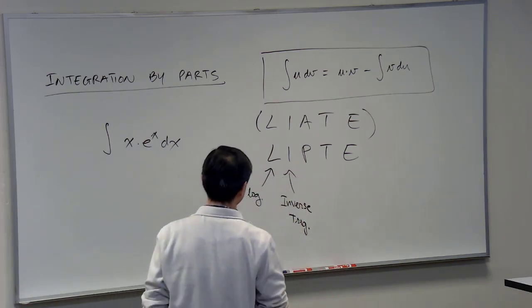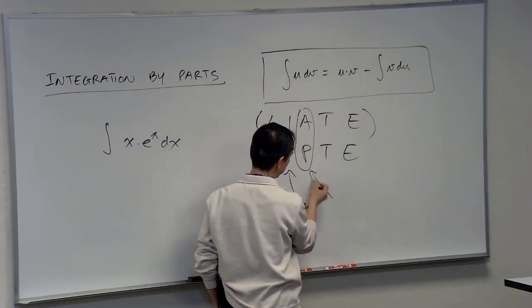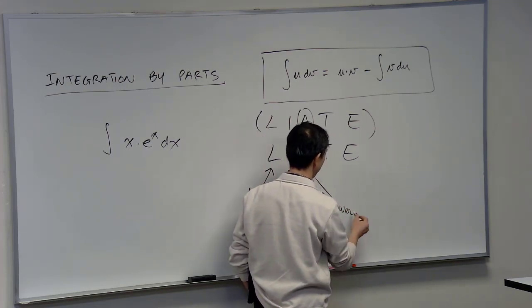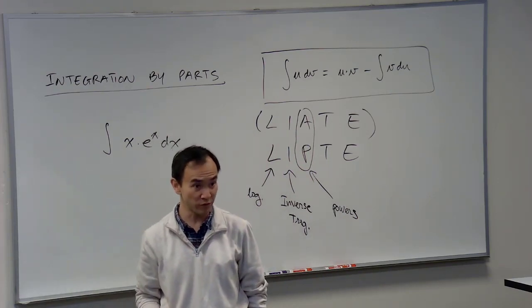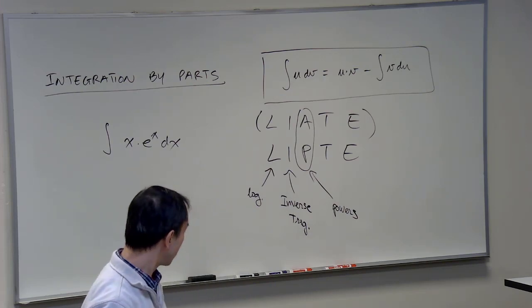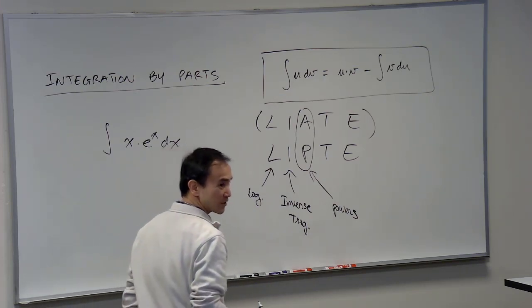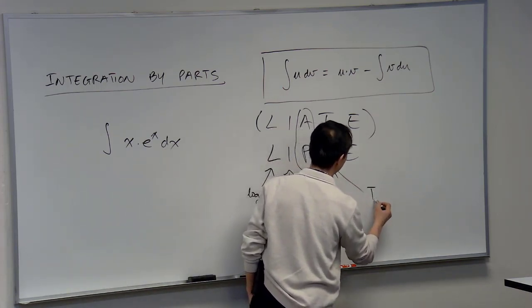Then the A and the P here are used loosely, but they mean the power functions, like x squared, x to the first power, x to the 10th power, or square roots or cube roots. Those roots are all considered power functions. That's why I write it as powers. And then we've got the trig functions.